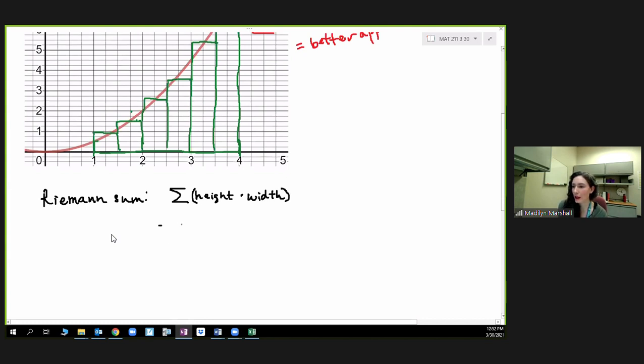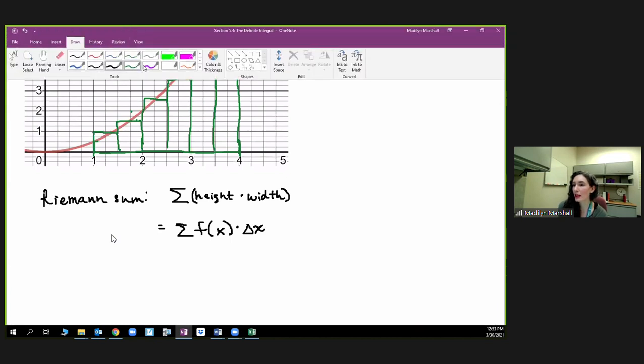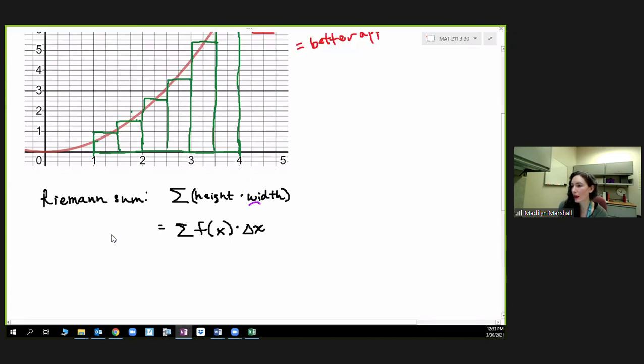And so really what that means is that we're going to have f of x times the change in x. So our width of a rectangle, I'm just calling delta x for now, which is the change in x, however much we're changing each width of a rectangle.